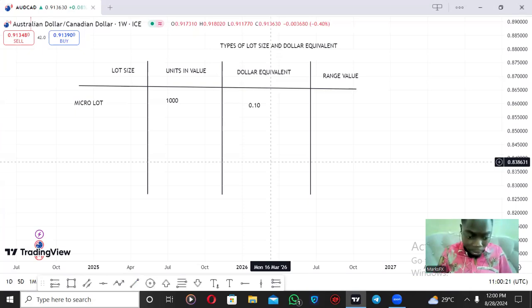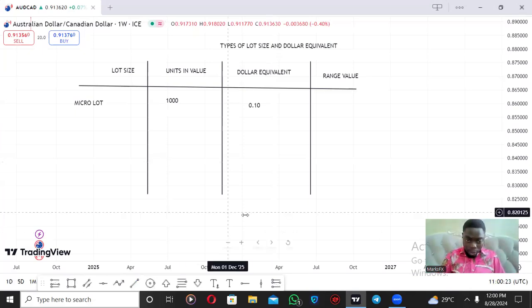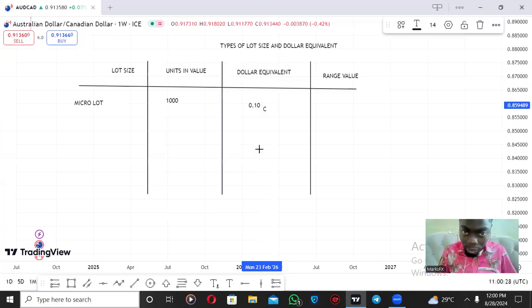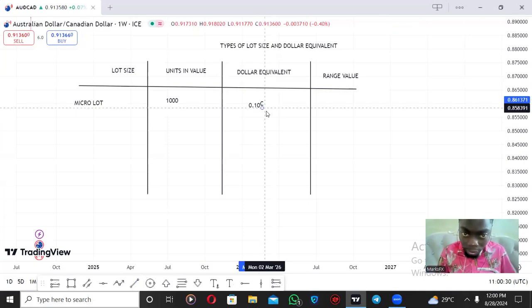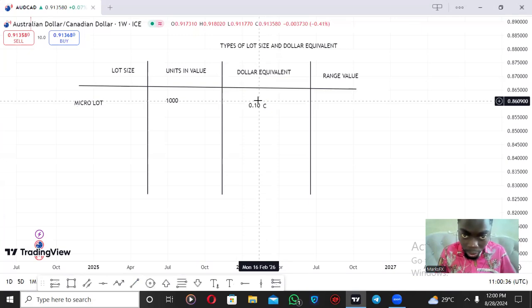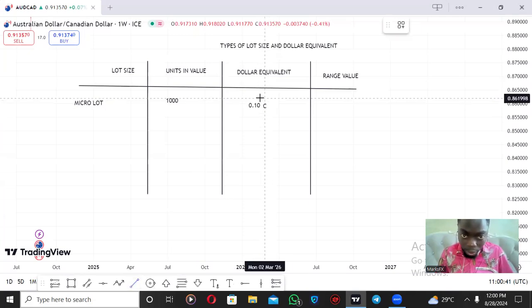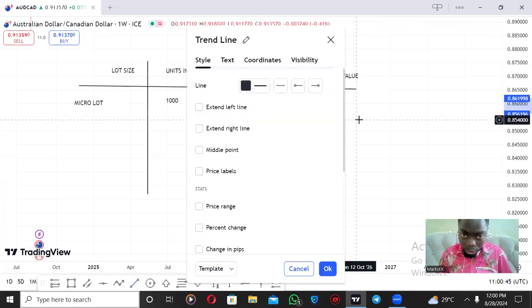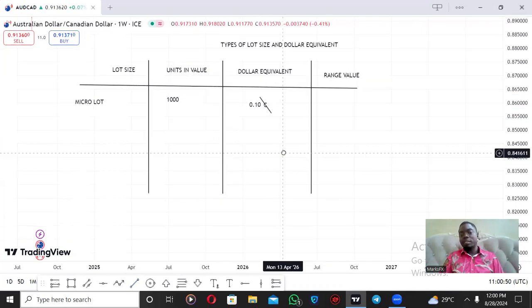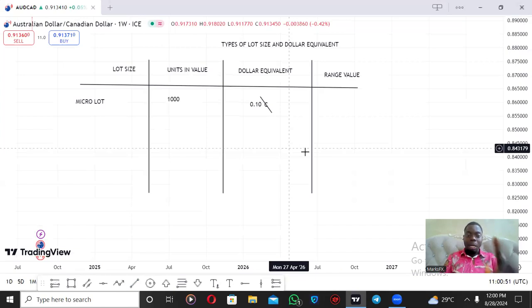Let me use my technical skill. So 10 cents, there'll be a stroke. I'm sure you're aware there'll be a stroke there. Let me just cross it this way for you. 10 cents. That's how they write cents. 10 cents per micro lot.